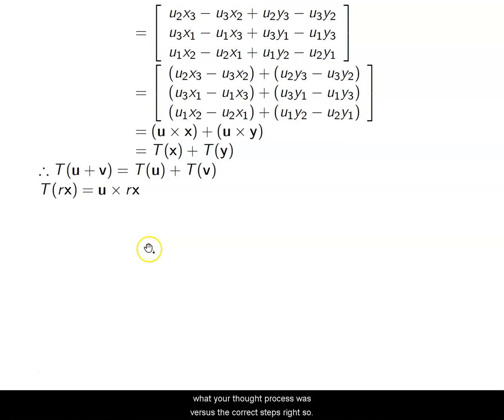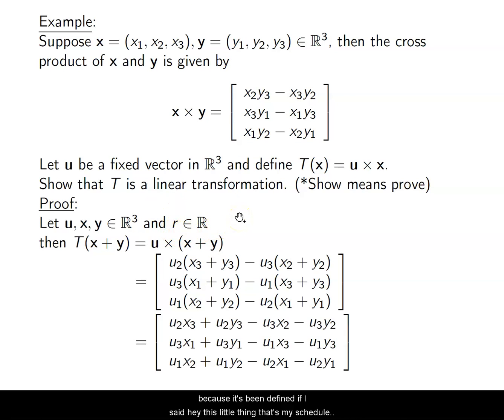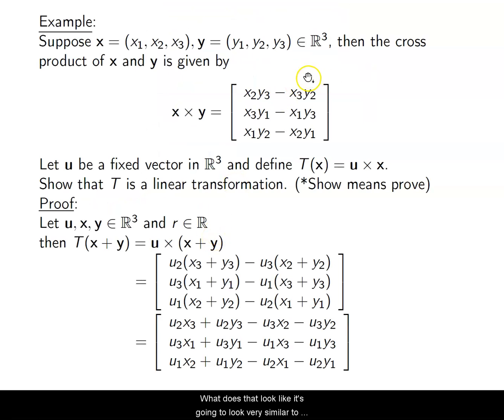So to plug in r times x into our transformation, we have our fixed vector u with the cross product of what it is that we're plugging in to our transformation, r times x, okay? So this scalar times x. Remember, we defined our scalar up here, so I can use it because it's been defined. I've already said, hey, this little thing, that's my scalar value. So what does that look like? It is going to look very similar to our formula.